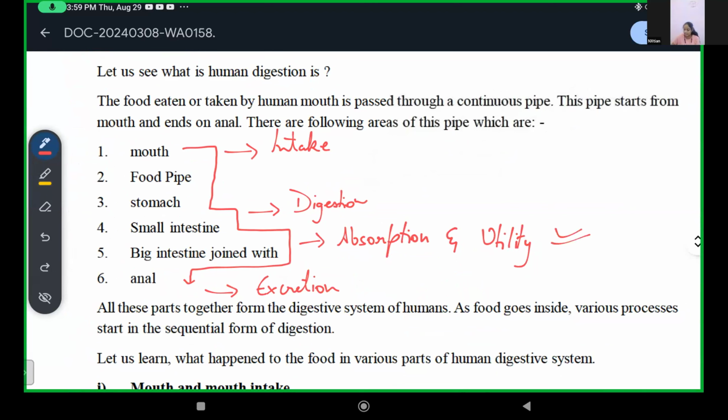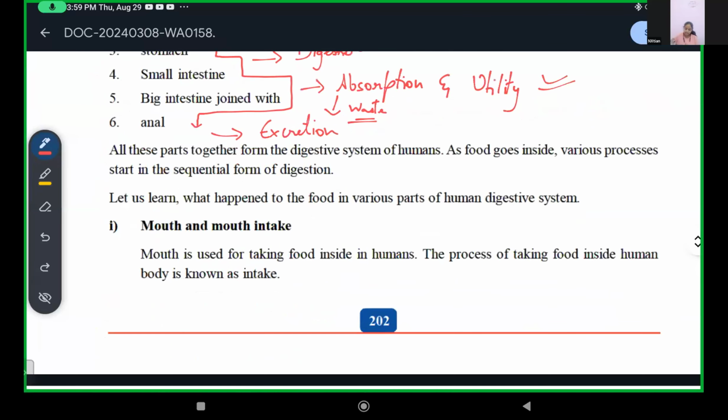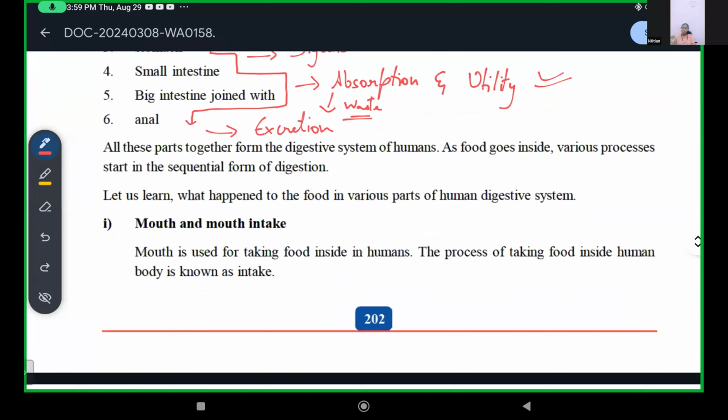After the absorption, what's left is the waste, which is excreted out. So this is basically the digestion process. All these parts together form the digestive system of humans.